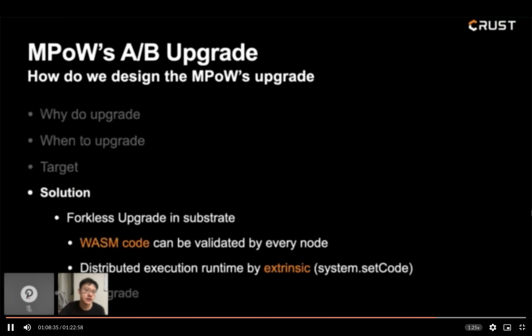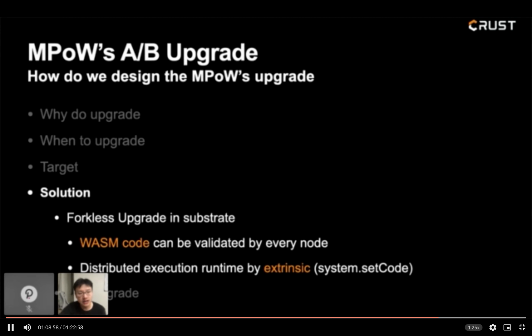Before we start our AB upgrade solution, we can look at the forkless upgrade in Substrate, which gives us 2 points to think about our problems. One is that the WASM code can be validated by every node.